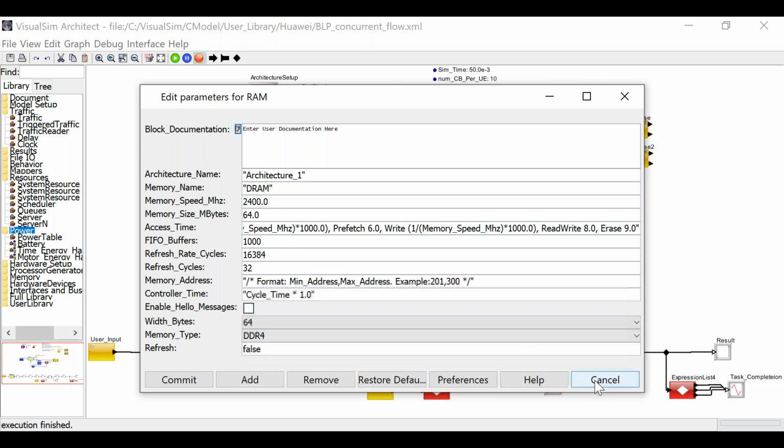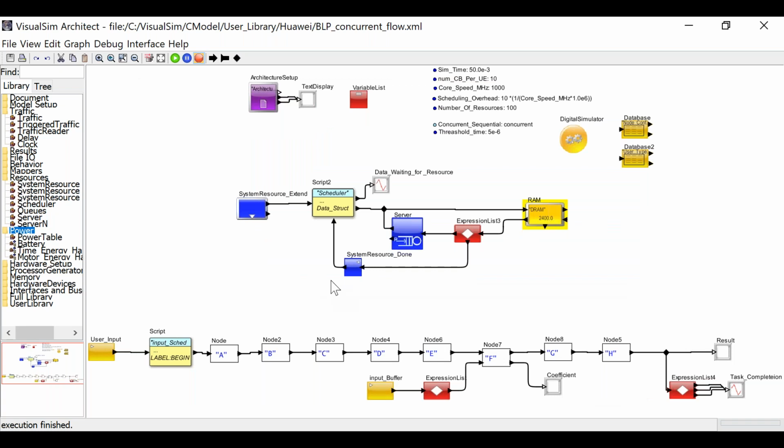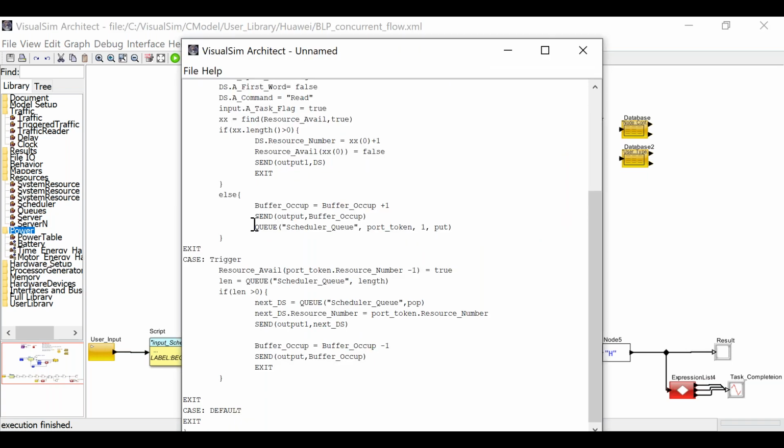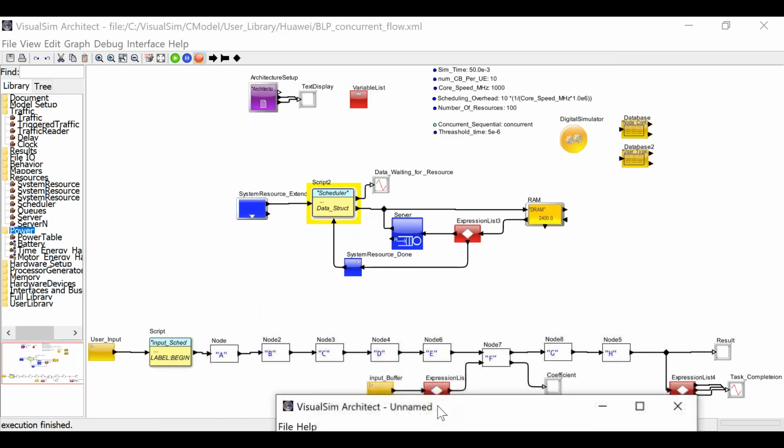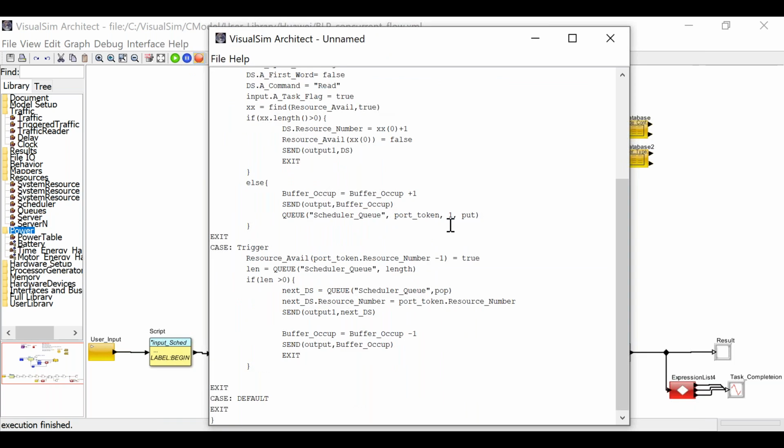So I can at some point refine this to be able to look at additional elements, such as, for example, over here, I've got a queue, and I can look at what should be the sizing of that particular queue. So what's going to be the buffer depth. Now, what I also have, which I'm not using at this stage, is that every one of these nodes here could be assigned, as they come in, different priority levels.